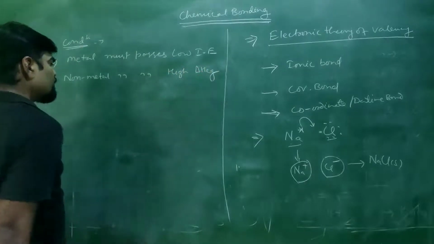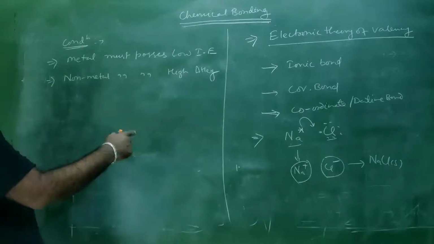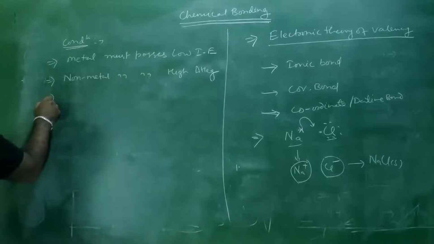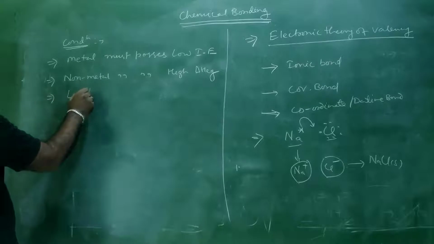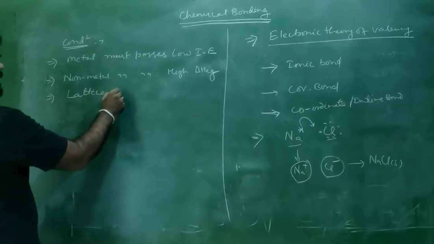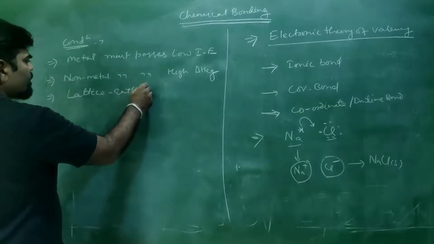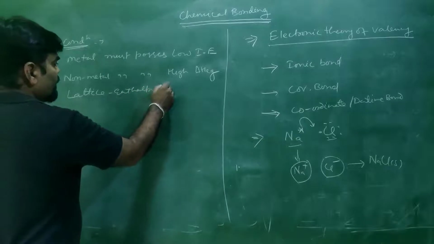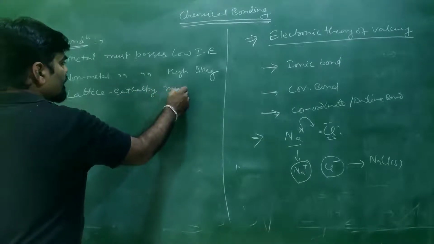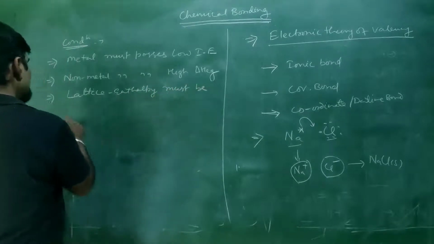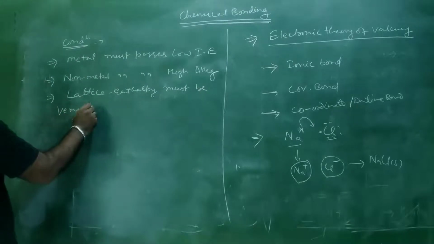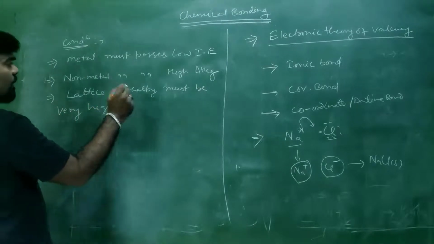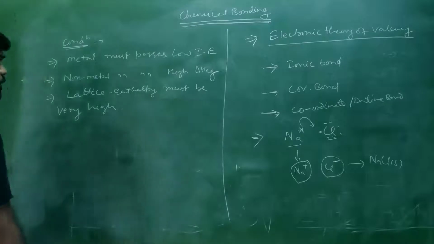Electron gain enthalpy should be large negative to form ionic bond. And then lattice energy or lattice enthalpy must be very high for the formation of ionic bond.